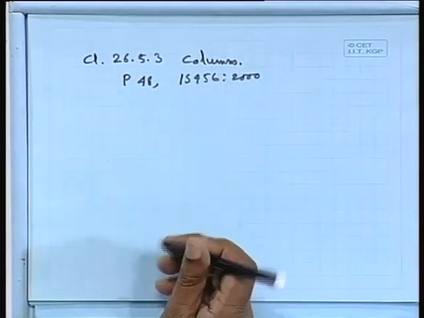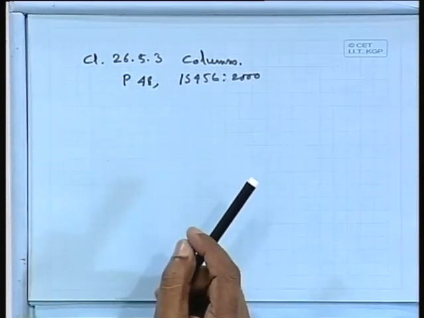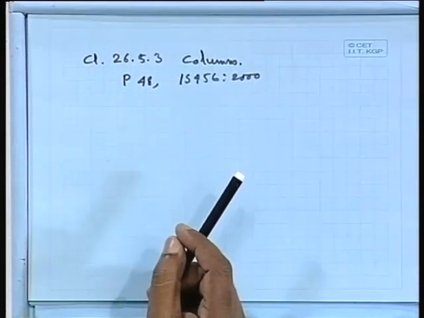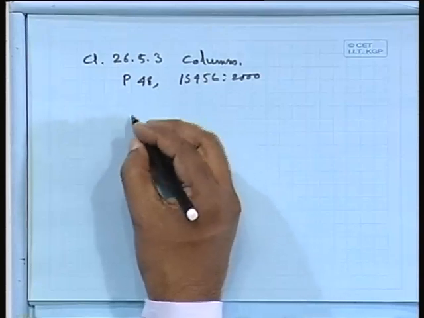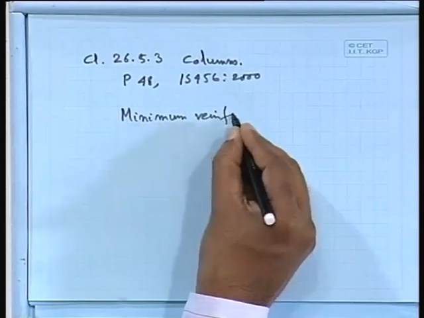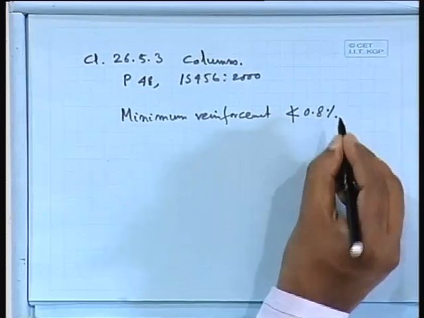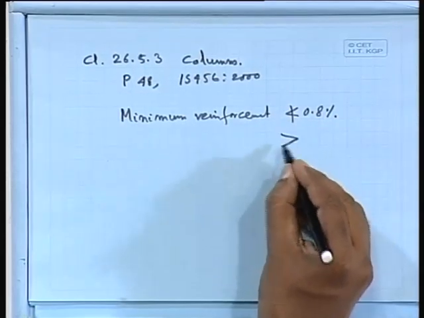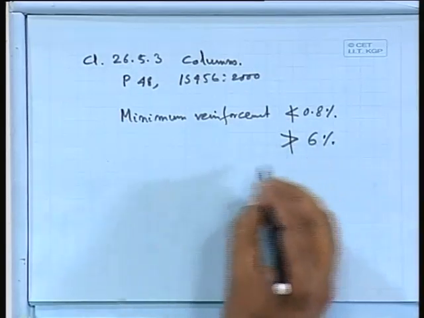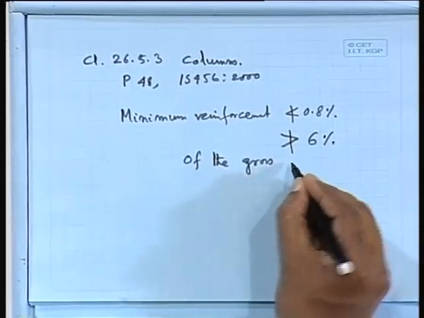So, what it says, the first clause, that the cross-sectional area of longitudinal reinforcement shall be not less than 0.8% and not more than 6% of the gross cross-sectional area.